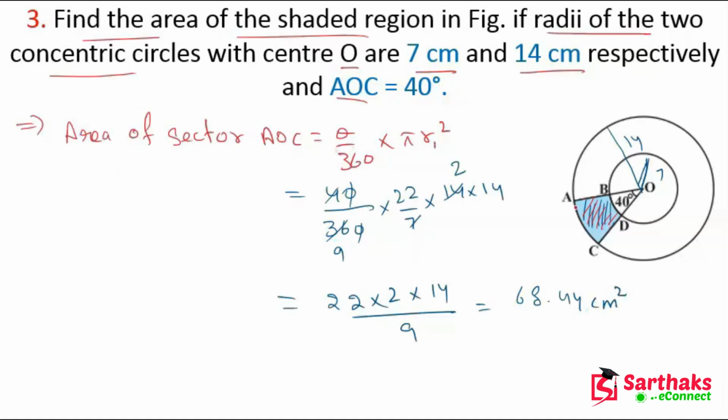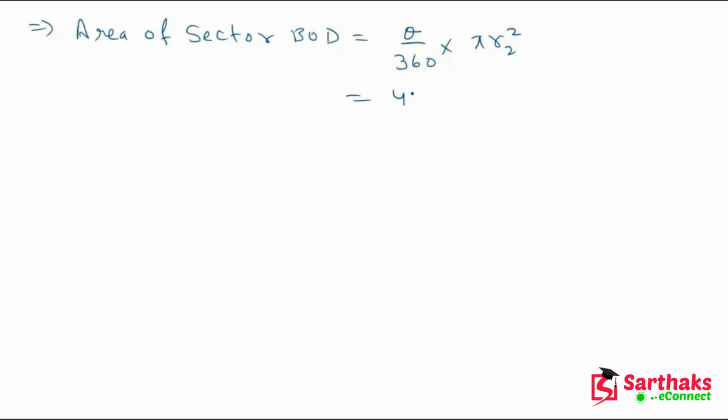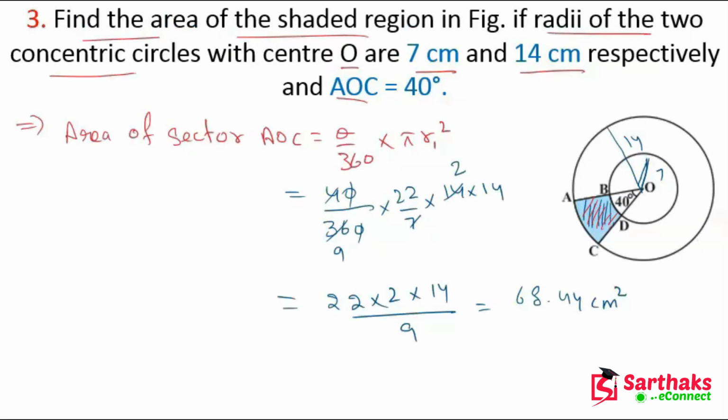So now, my dear friends, we have to find the area of sector BOD. Let's find that. Area of sector BOD is theta upon 360 into pi r2 square. So theta is 40 divided by 360 into 22 upon 7 into the second radius, which is 7 centimeter.